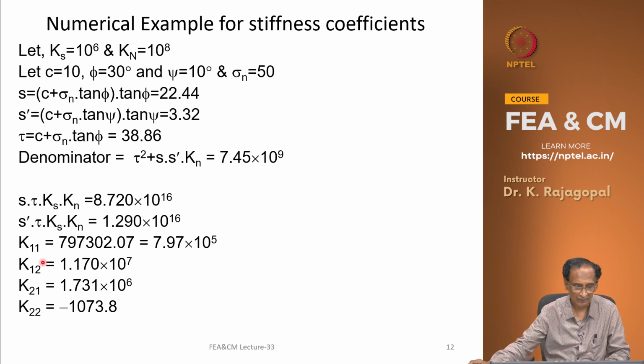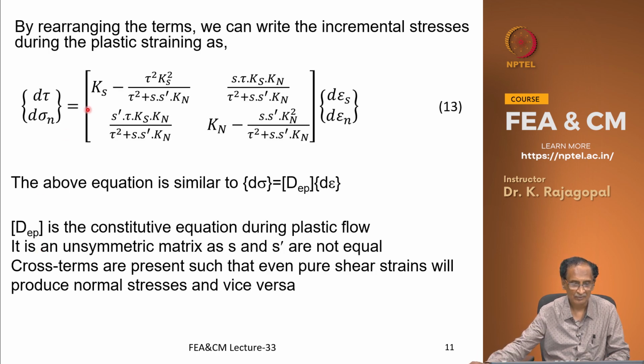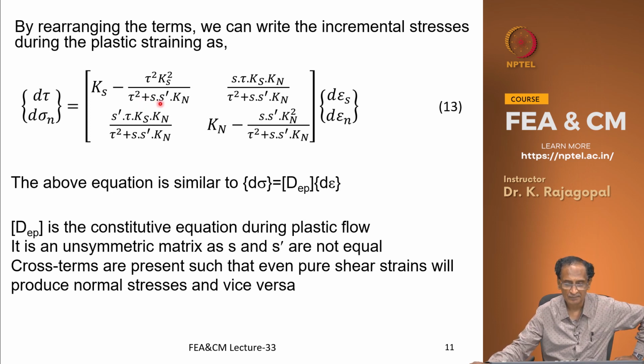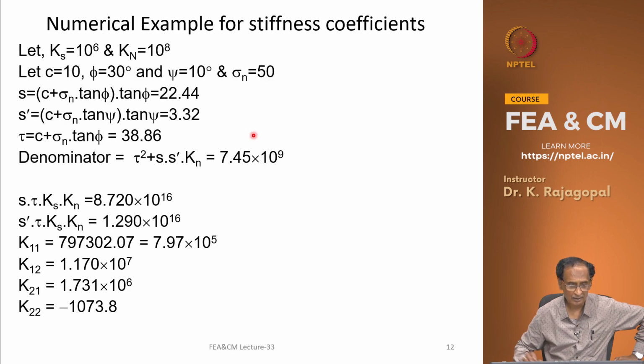K11 is Ks minus tau square Ks square divided by this denominator, that is tau square plus S times S prime Kn. If you see, all the denominators are the same, so that is why I just calculated one denominator.